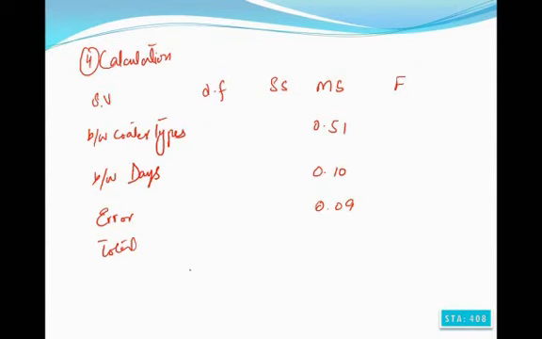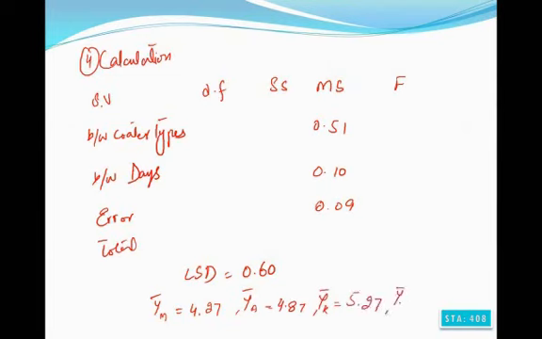LSD test value is 0.60 by using the formula, and the means for the coater types will be y bar M 4.27, y bar A 4.87, y bar K 5.27 and y bar L will be 4.73.